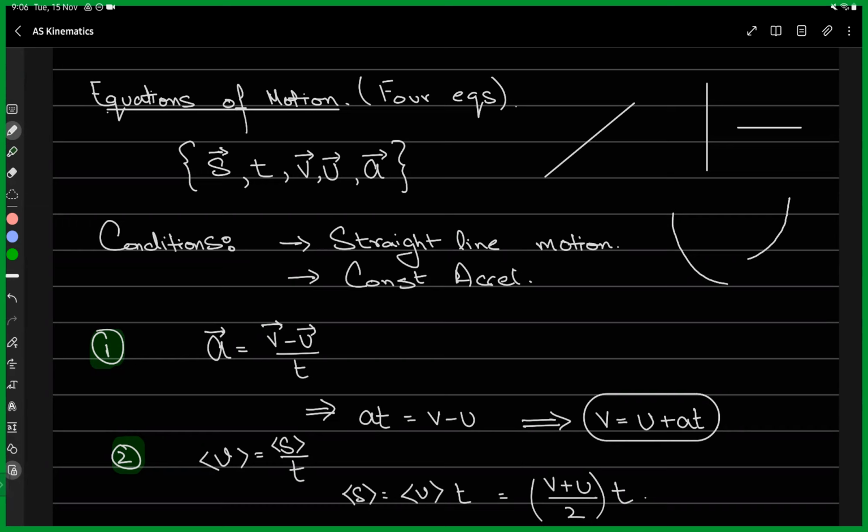As soon as acceleration varies, these equations are no longer valid. You can say that these equations are a special case of some more generalized equations, but we'll not talk about those in this lecture.